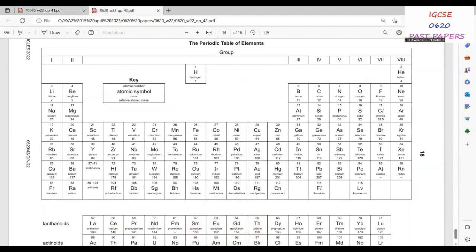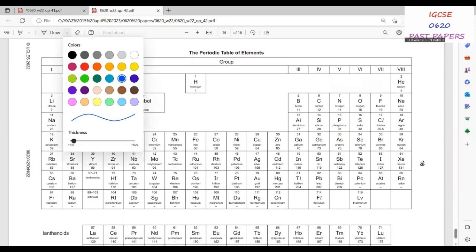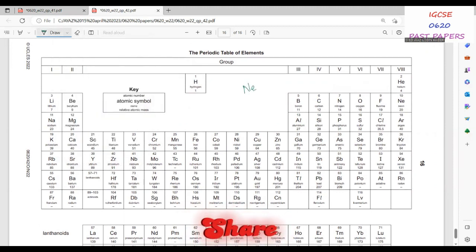So look at their nucleon number so that we can calculate the Mr or Ar. For neon, it's 20. Nitrogen, N2, 2 multiplied by 14, it's 28.